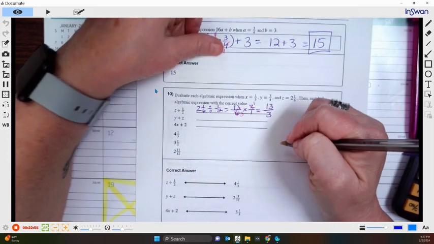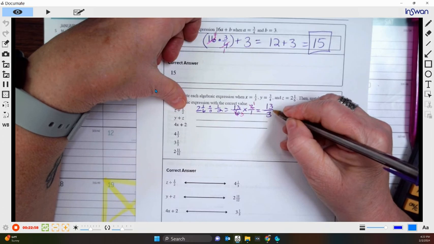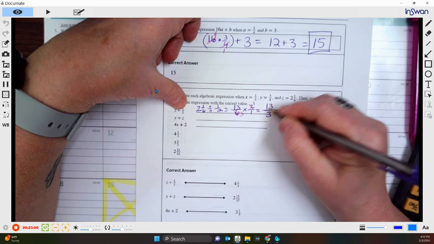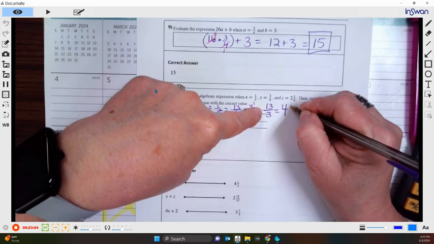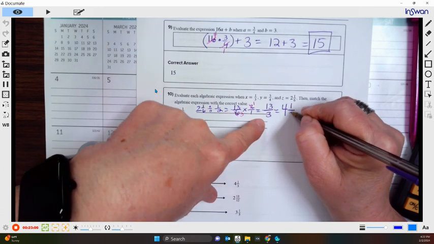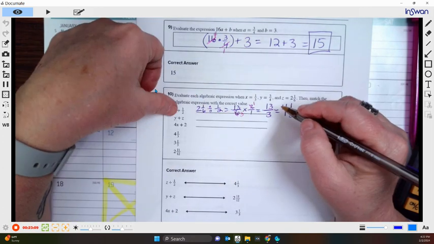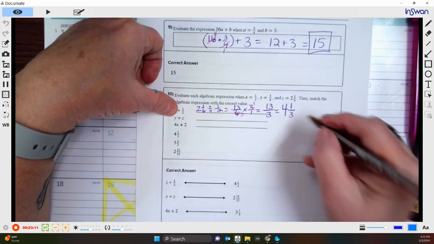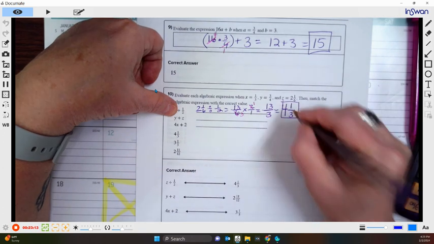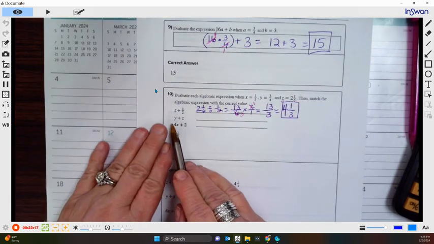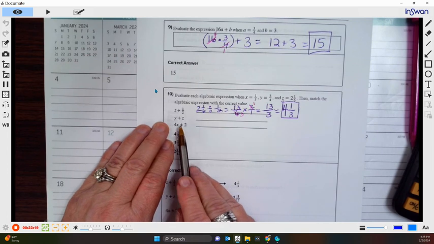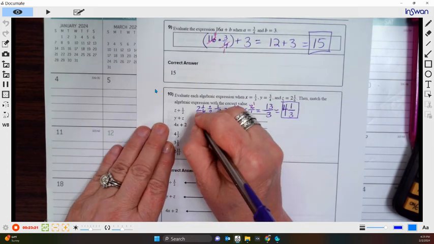And when we simplify that, 3 goes into 13 4 times because 3 times 4 is 12. And 13 minus 12 is 1 left over with the original denominator of 3. So the first one is 4 1/3. Okay. The second one, I have y plus z. y is 3/4.